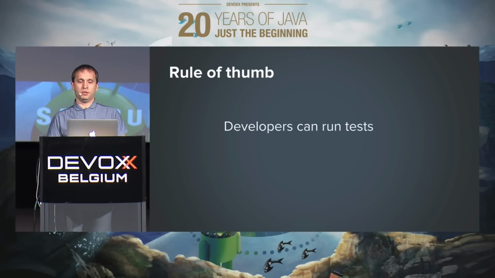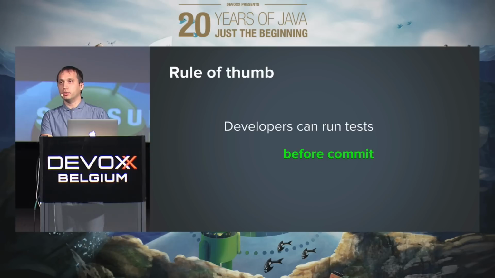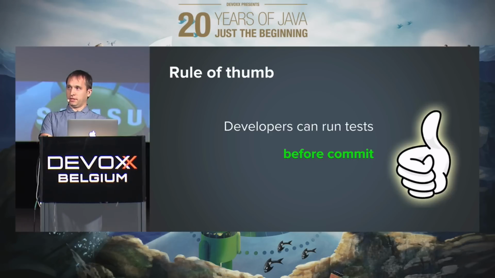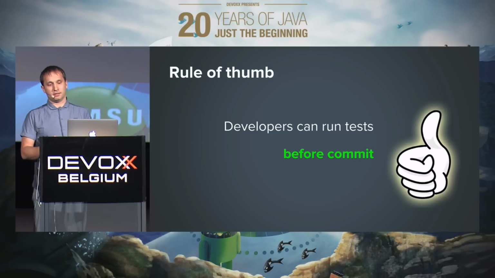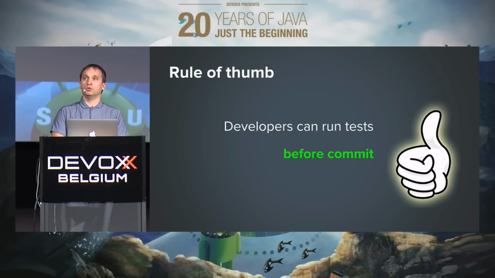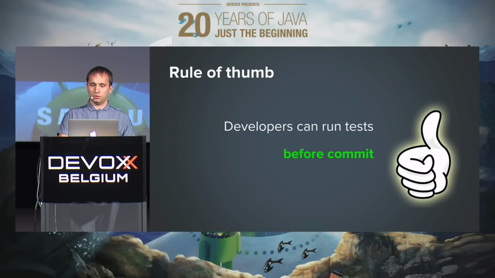So the rule of thumb, our best practice, is that developers should be able to run tests before commit, meaning locally on their machine. This doesn't mean that they will run tests every time, because sometimes it takes time. But they should be able to if they want to be sure everything works.